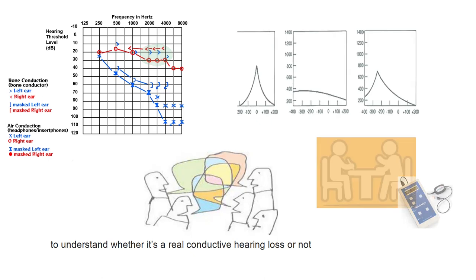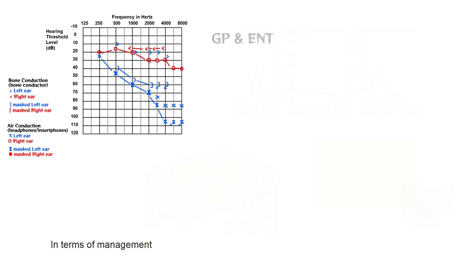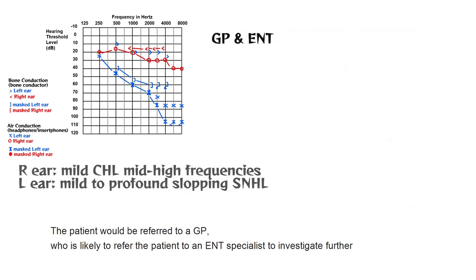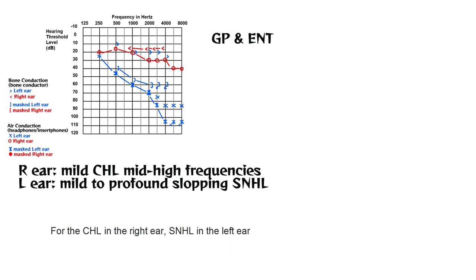In terms of management, the patient will be referred to a GP, who is likely to refer the patient to an ENT, ear, nose and throat specialist, to investigate further the conductive hearing loss in the right ear, the sensorineural hearing loss in the left ear, and the asymmetry, which could suggest more complicated pathology.